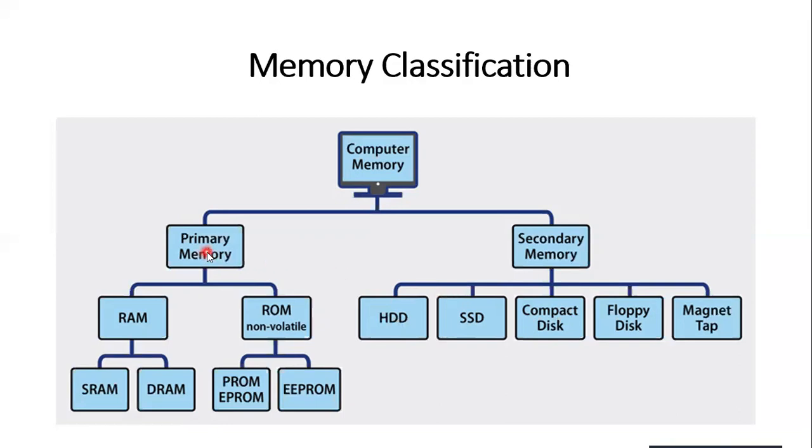So the primary memory or physical memory can be divided into 2 types: RAM and ROM. Let me see RAM first.